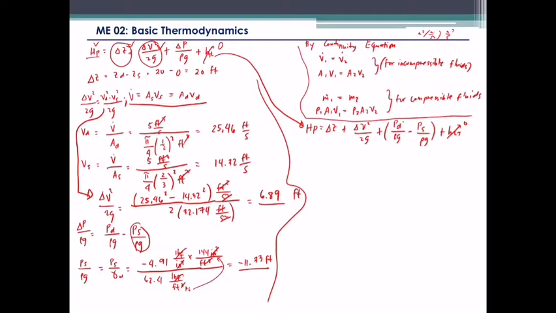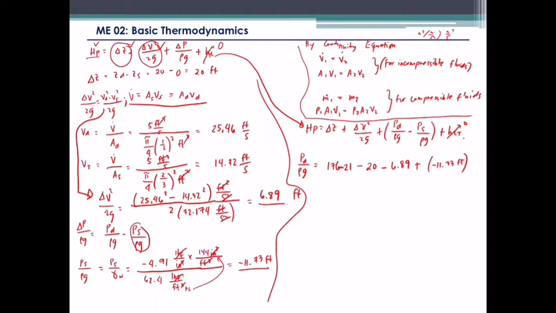Now, we isolate it. So, pressure at discharge over rho g is equal to HP, which we solved earlier, 176.21, minus delta Z, minus 20, minus delta V squared over 2g, 6.89, plus PS over rho g, which is negative 11.33.